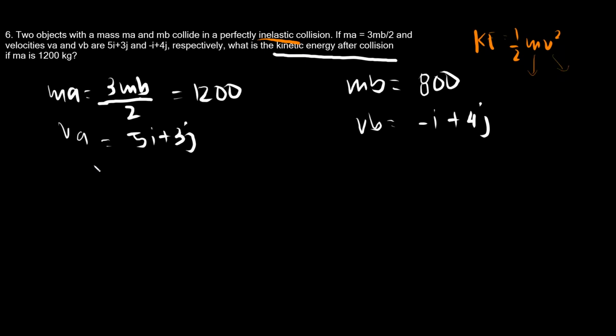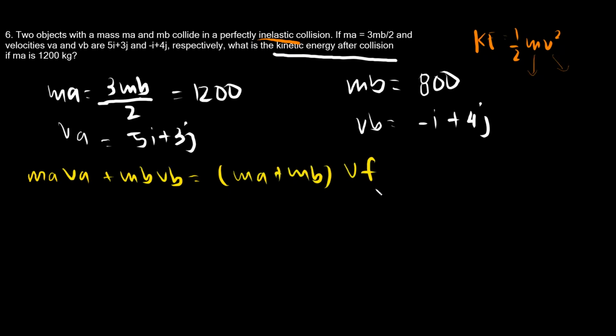So, need nimo na siya i-solve karon. Now, formula is MA VA plus MB VB is equal to MA plus MB times the final velocity.